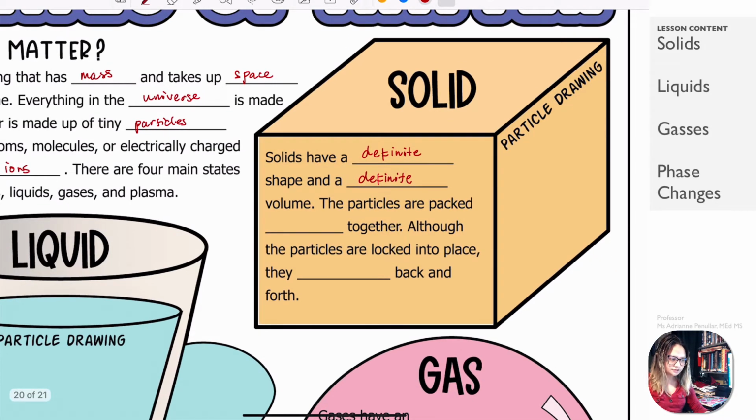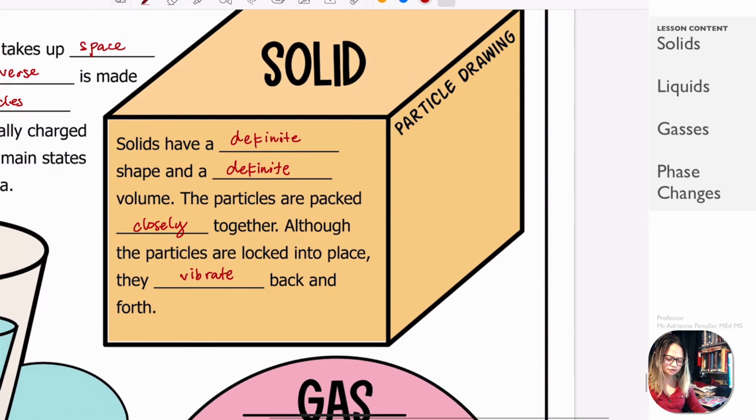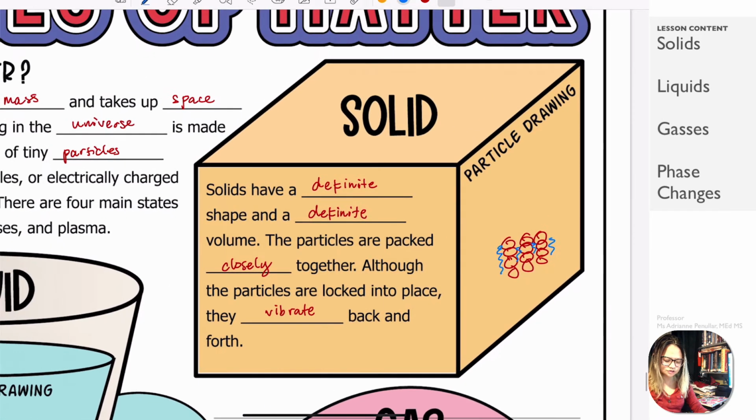The particles are closely packed, and although the particles are locked into space, they do vibrate back and forth. So in order to draw this out, we will be drawing our circles similar to how we did before. Okay, so what I have in here, and then I'll probably show the vibrations because they're still moving in there. Okay, so that's the definition of solids.